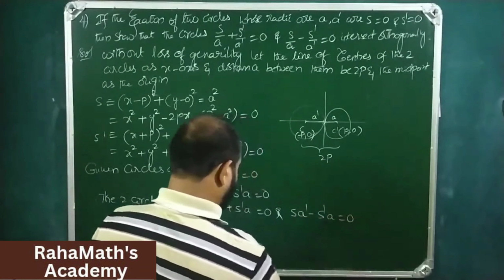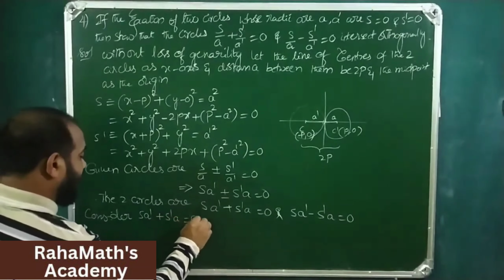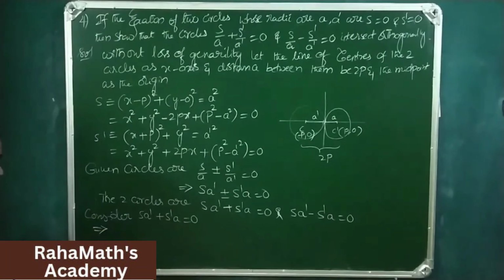So consider S a dash plus S dash a equals 0. That implies S is this circle, x square plus y square minus 2px plus p square minus a square, into a dash, plus S dash a.